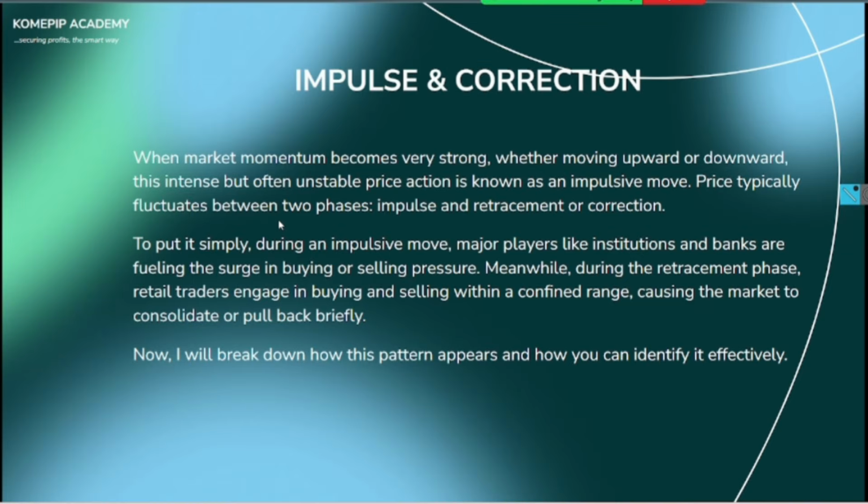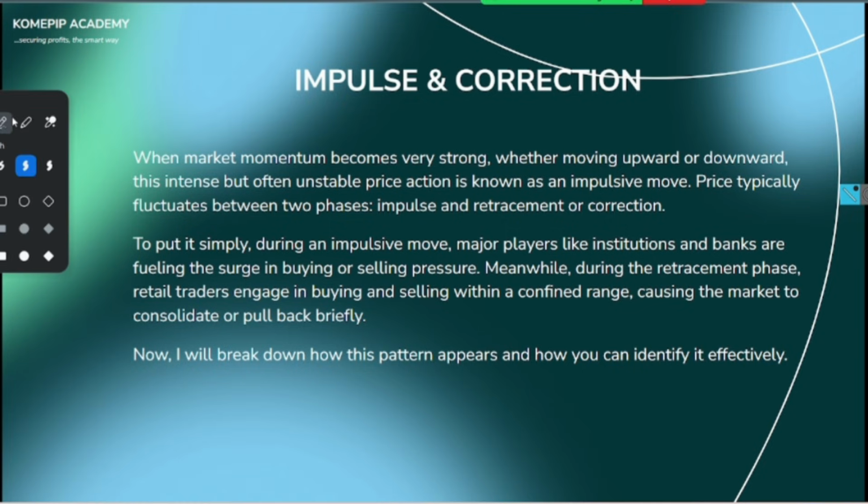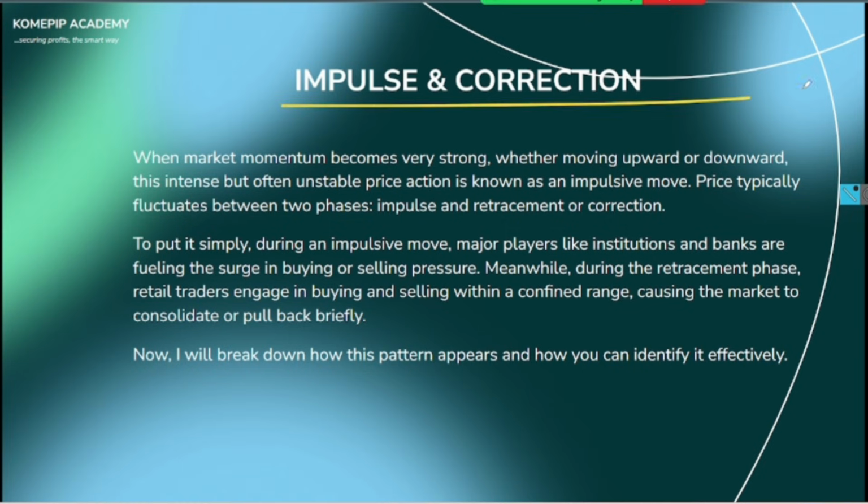So before we move on, we need to understand that in market structure we have both the impulsive and the correction structures, right? So when market momentum becomes very strong, whether moving up or downward, this intense but often unstable price action is known as an impulsive move. What does that mean? This is what I mean.